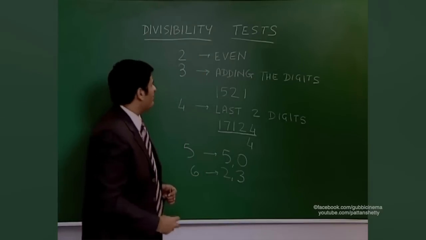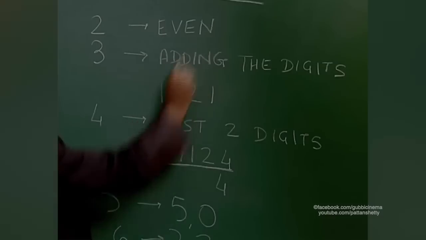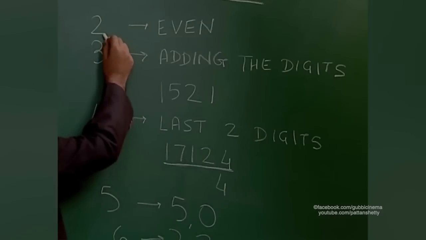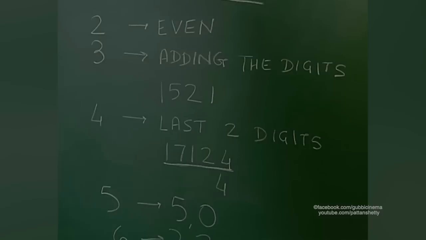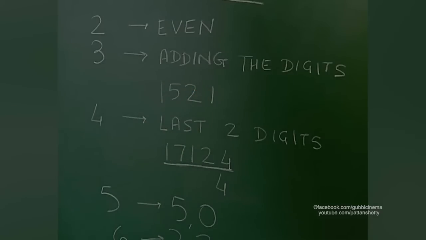Let me revise them. The divisibility test of 2 is very simple. Check whether the number is even or not. If the number is even, or in other words, it ends in 2, 4, 6, 8 or 0, then the whole number is divisible by 2. For 3, the test says add all the digits. If the sum so obtained is divisible by 3, then the entire number is divisible by 3.